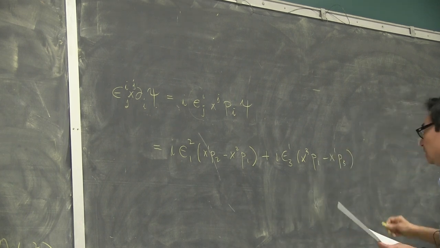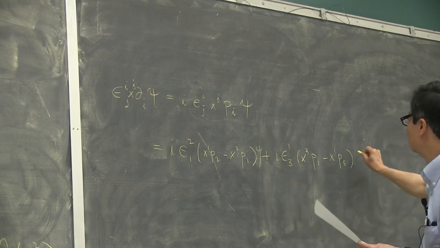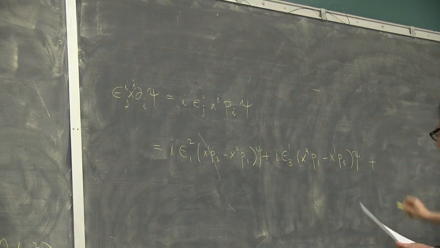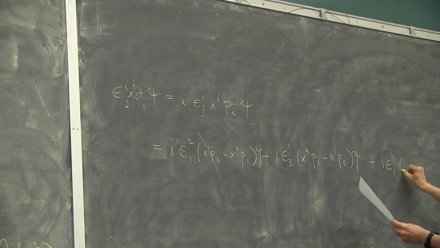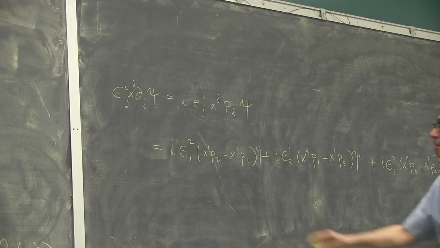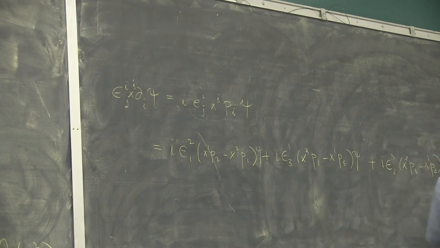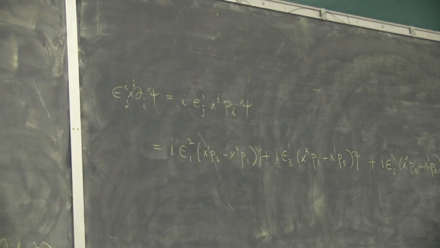And go home and verify this, okay? And of course this is operating on psi, plus i epsilon 23 (x2 p3 minus x3 p2) operating on psi. And these are precisely the what? The 3 components of the angular momentum, okay? Because angular momentum is r cross p, because of the rules of the cross product.